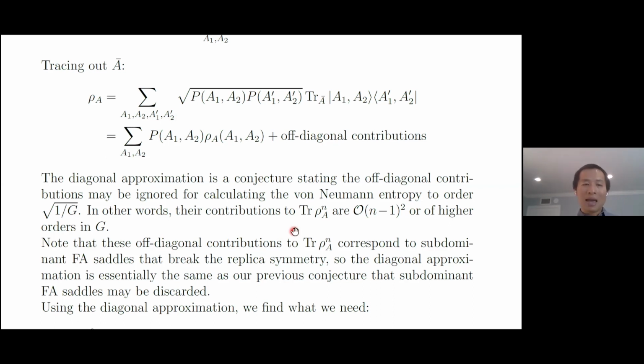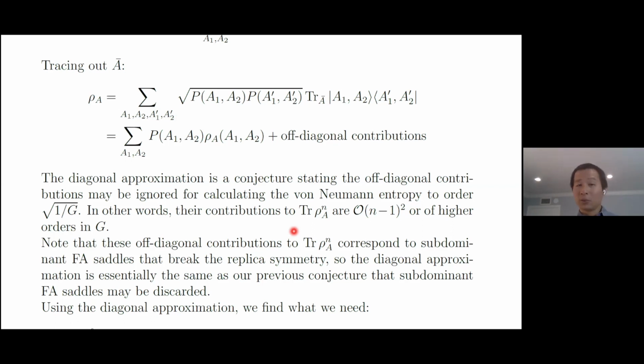So my thought is that while it is maybe not easy to write down a concrete path integral formula for the quantity that you asked about away from integer n, there may be some kind of neat argument that gives a bound on the error we make when we throw away the subdominant saddles when we calculate the von Neumann entropy.